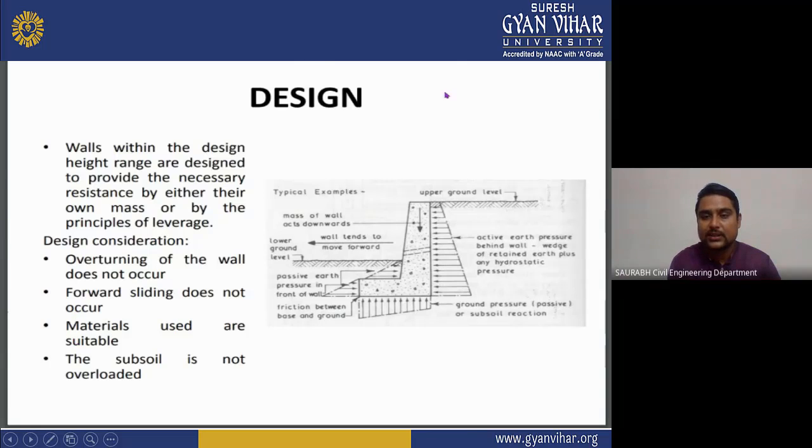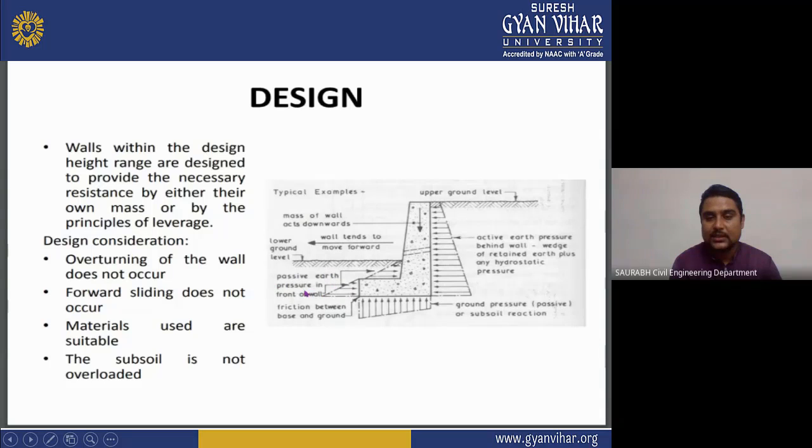As you can see here, now we have seen the components of the retaining wall, and this force is called the active earth pressure behind the wall. There is also ground pressure, which is also known as passive pressure or subsoil reaction. This is the friction between the base and the ground, and there is passive earth pressure in front of the wall.